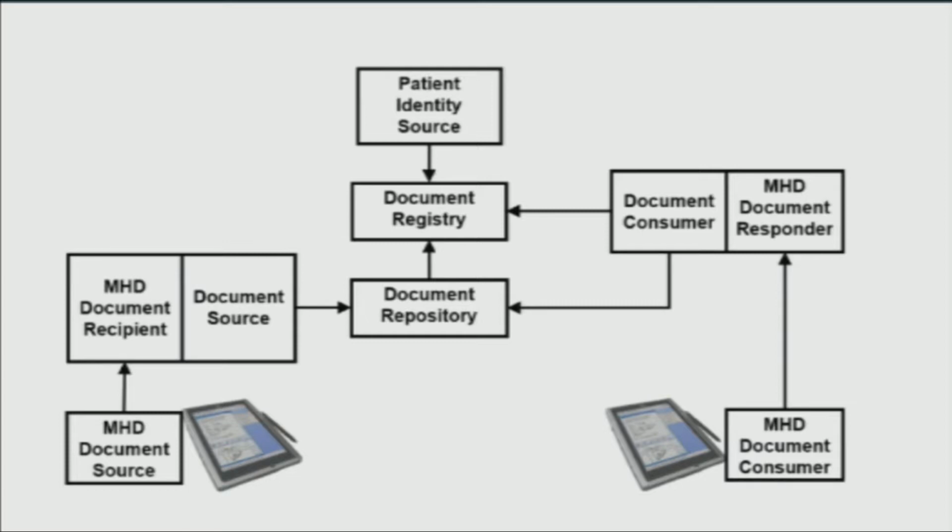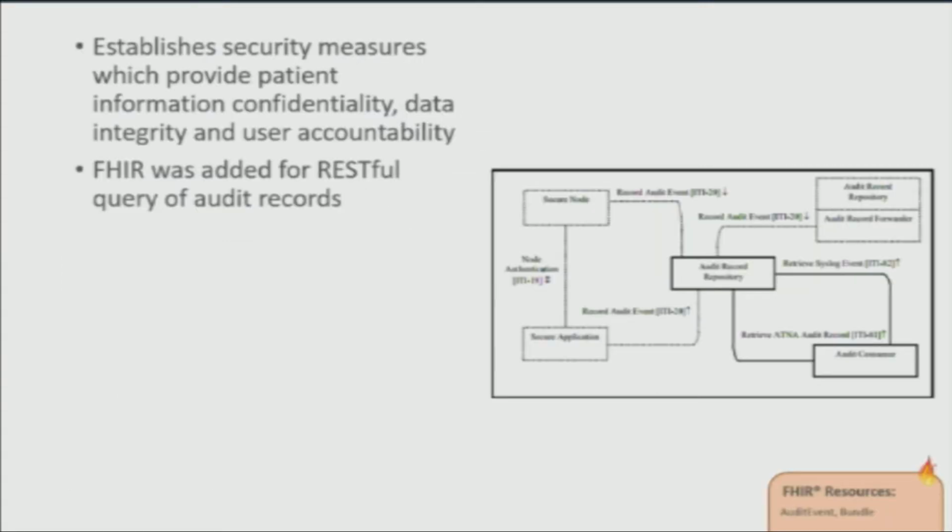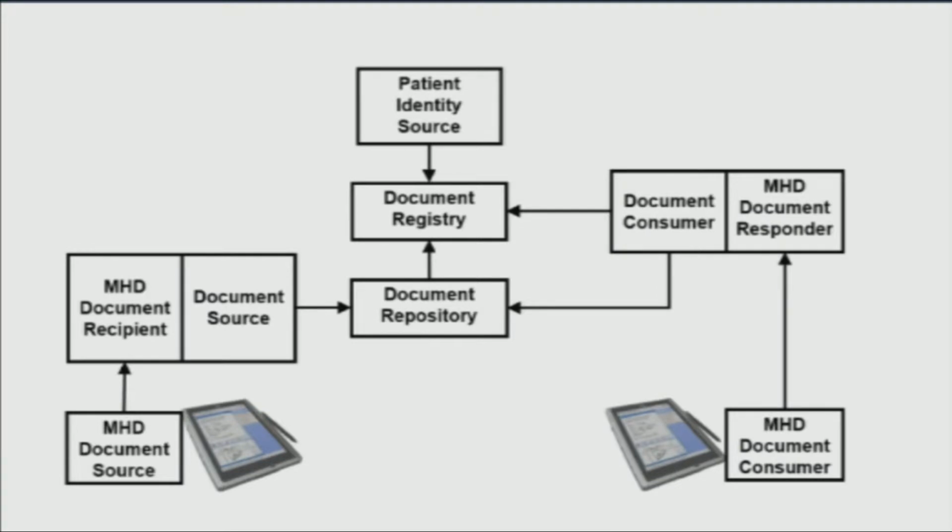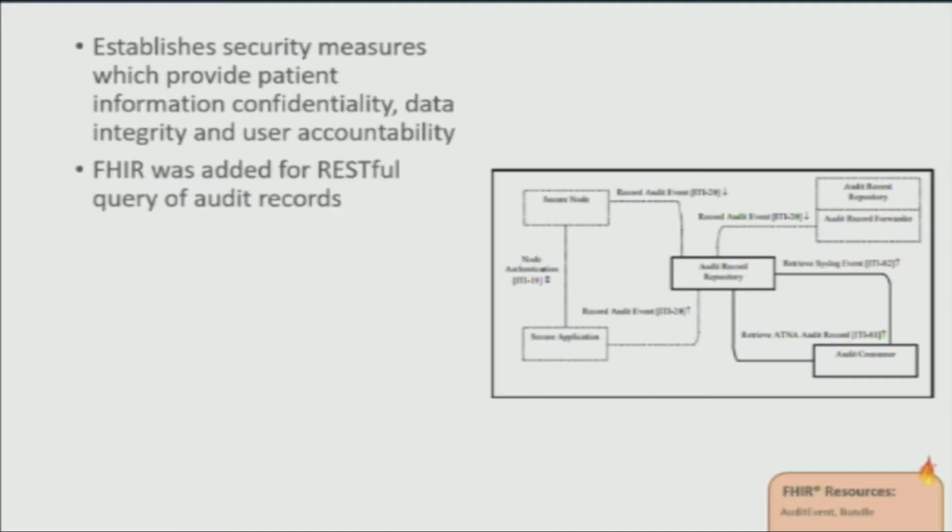Or do you have some N of these? That's a deployment problem. The system absolutely supports both. There's actually a similar diagram for XCA, so just imagine the right-hand side alone. So whether you're doing cross-community or you're doing XDS. All right.